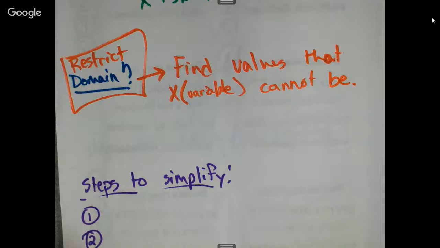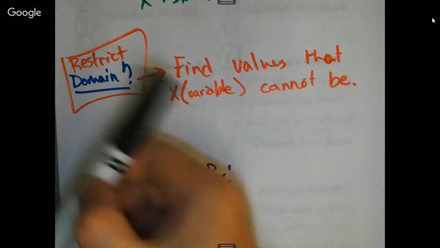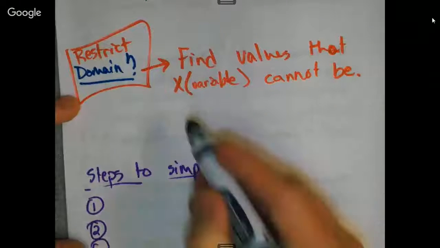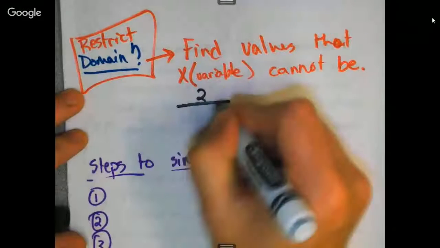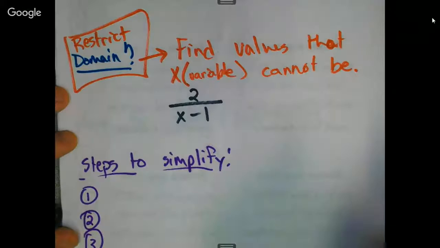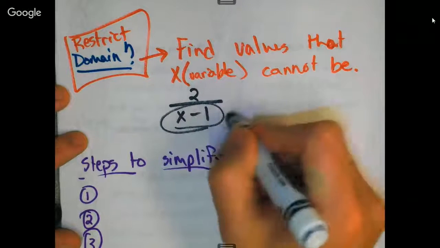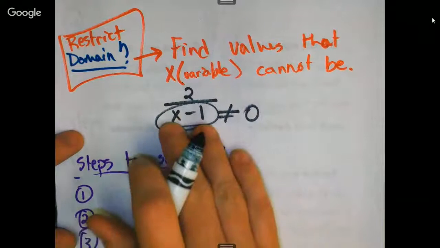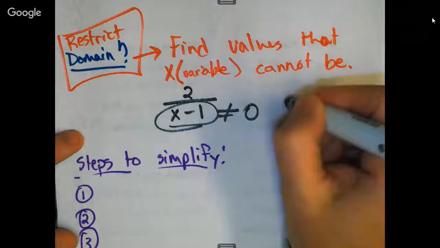Now we have fractional variables. So let's say I have 2 over x minus 1. Now with fractions, the bottom cannot equal 0. What would make this 0 is if x equaled 1.